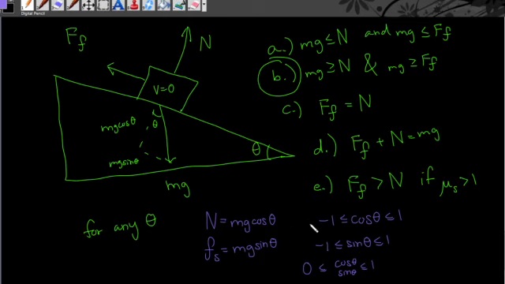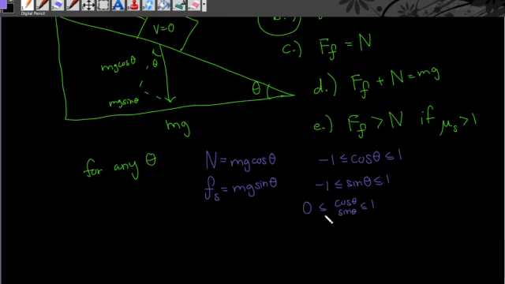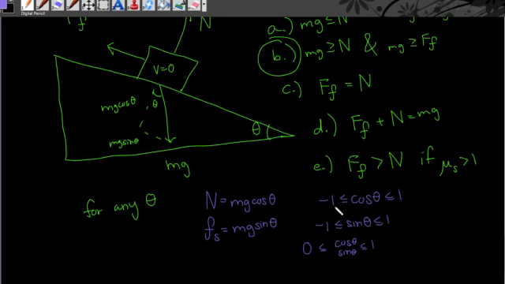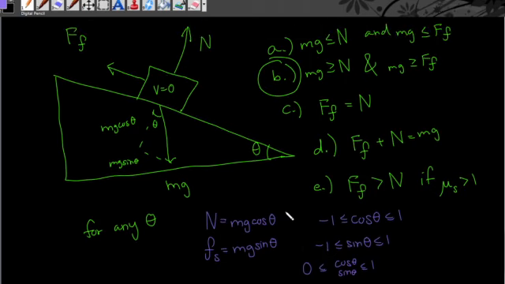So let's consider theta being, well, let's look at the extremes. So first, let's say theta is 90 degrees. If theta is 90 degrees, then we know that the cosine of 90 is just 0, so there's no normal force. And if theta was 90 degrees, then the block would literally just be falling down, because there'd be no ramp, there'd be no inclined plane.